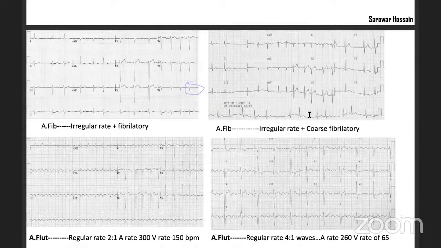I don't know what this coarse fibrillatory is; I'm hearing it for the first time. This is also AF, and it looks like controlled ventricular rate only. Anybody know about this term, coarse fibrillatory?